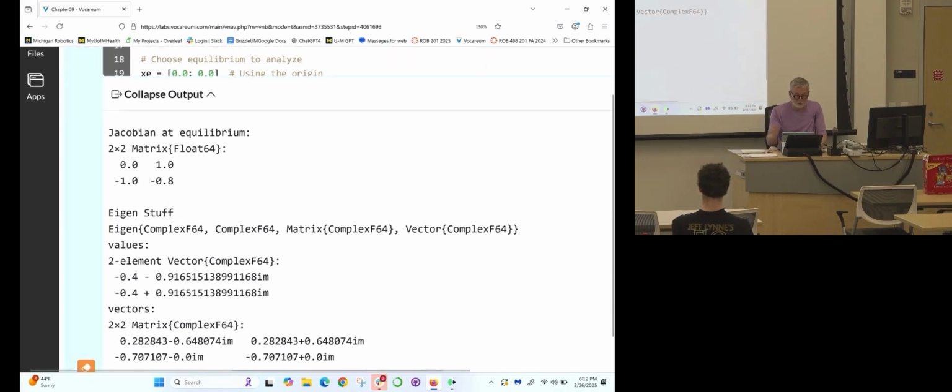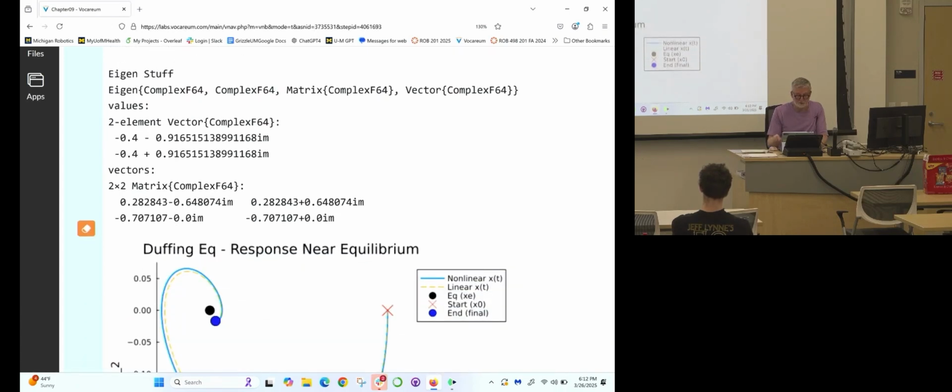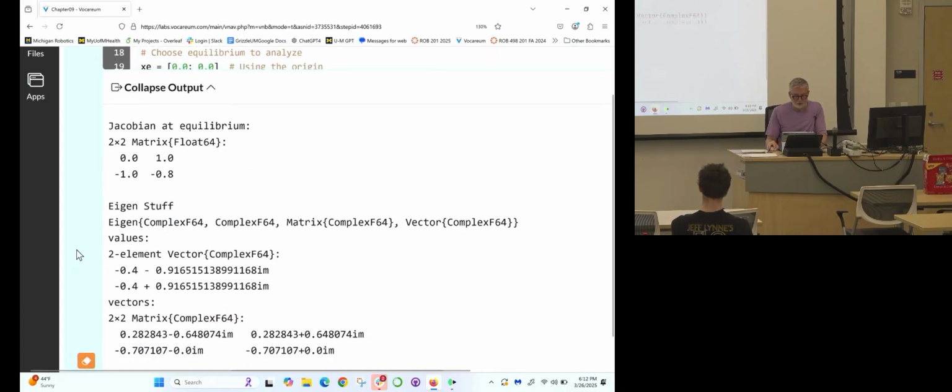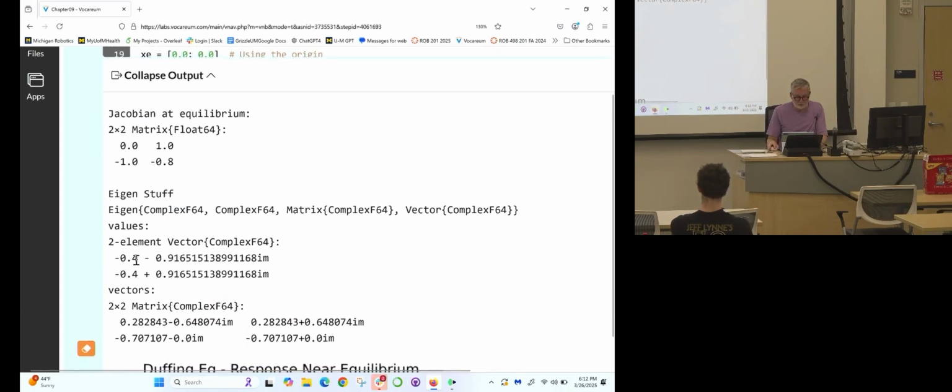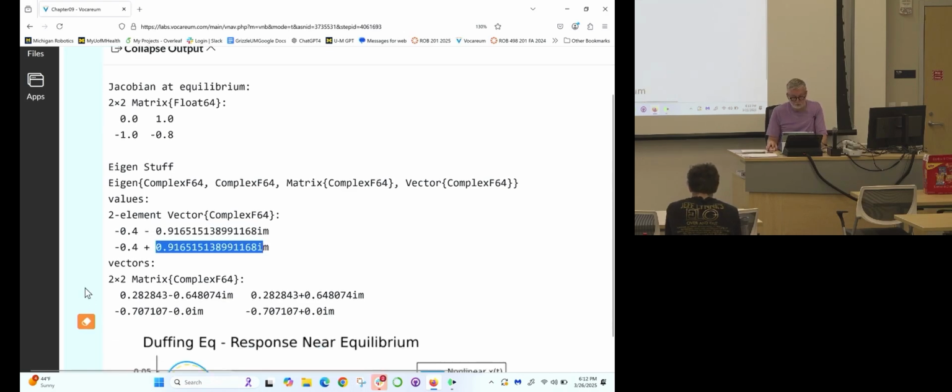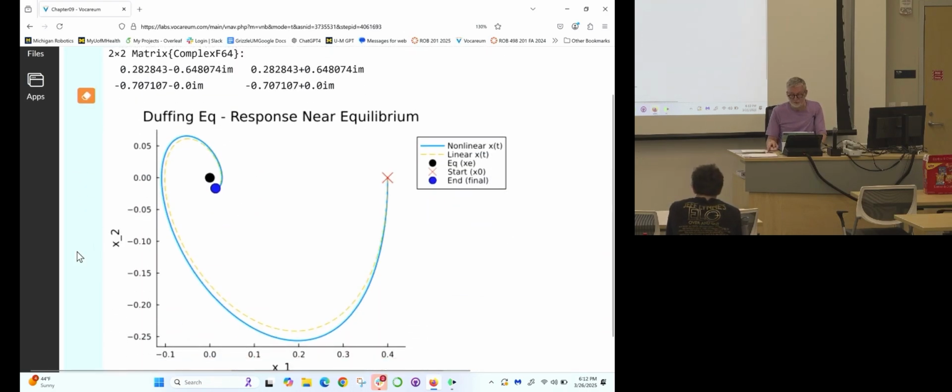Okay, so there's the Jacobian with numbers. Here are the eigenvalues. The real parts are negative, so that's good. That's the decay. This is oscillation. So that's cosine almost t and sine almost t.